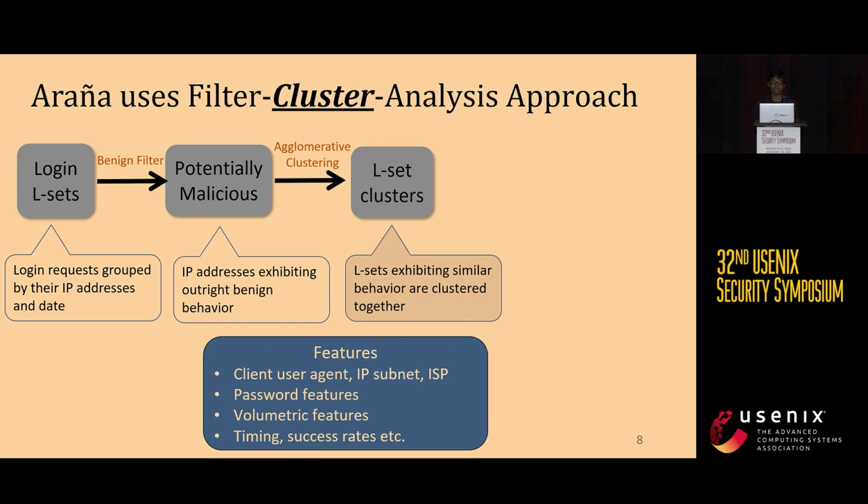So we had to come up with an application-specific custom design distance function. This distance function can handle both nominal and numerical features, and can take two L sets and give a score between 0 and 1, indicating how likely the two L sets are being controlled by the same attacker.